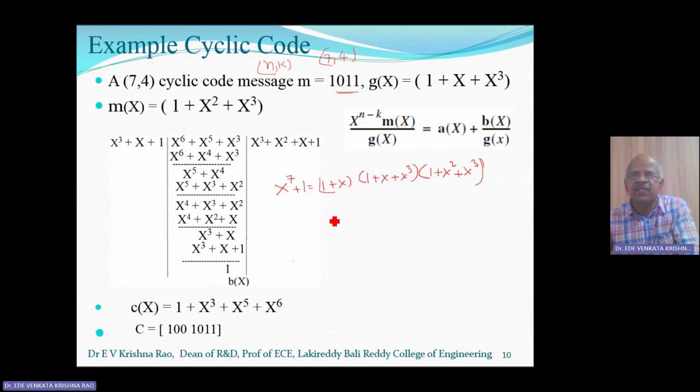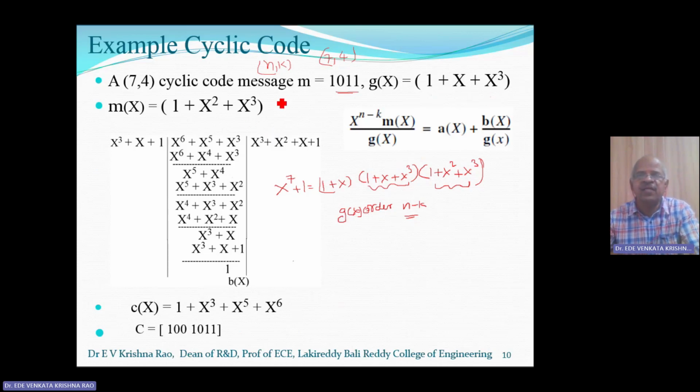So g of x is of the order n minus k. That is the third order, either this or this g of x. So this is where you choose the generator polynomial. You can choose any polynomial of this third order. I have chosen 1 plus x cube.